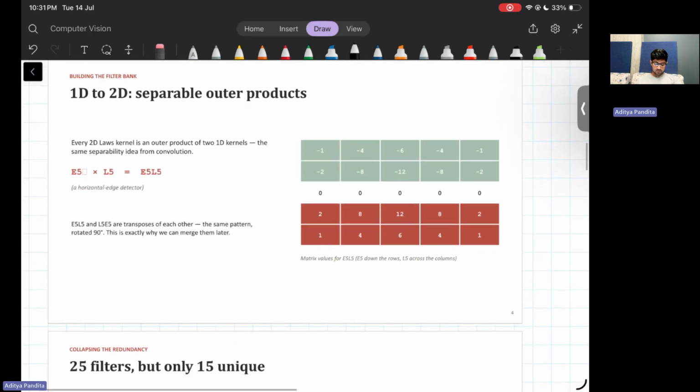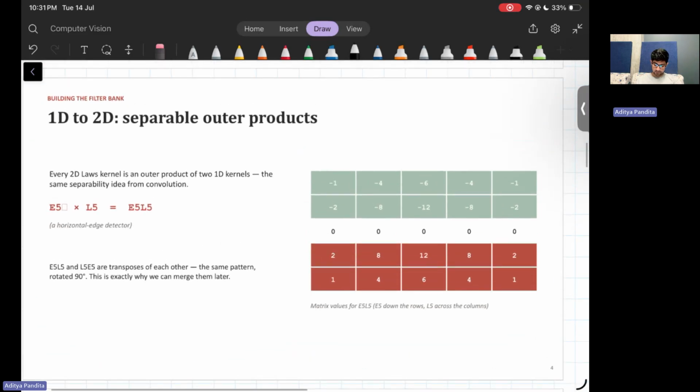Next we have building 2D filters via an outer product. What this slide talks about is the mechanism of the outer product of two 1D kernels. It's the same separability idea from the earlier separable filters.